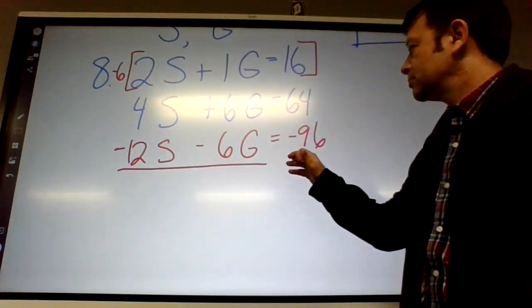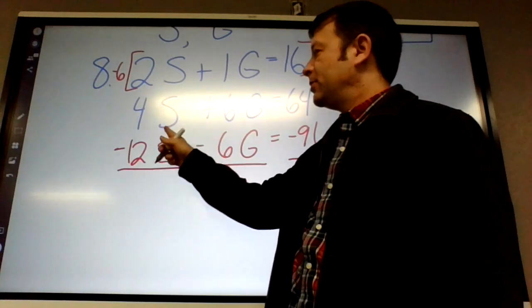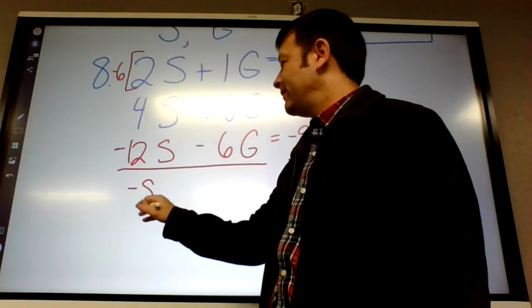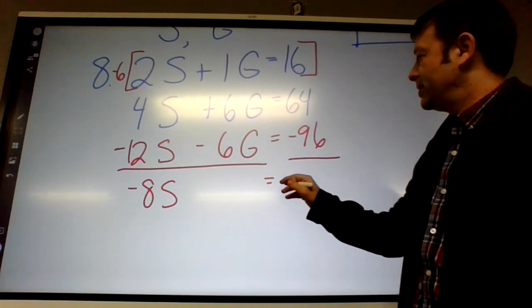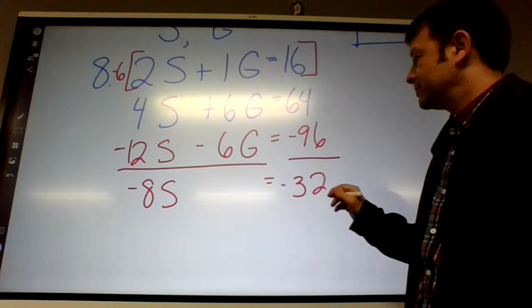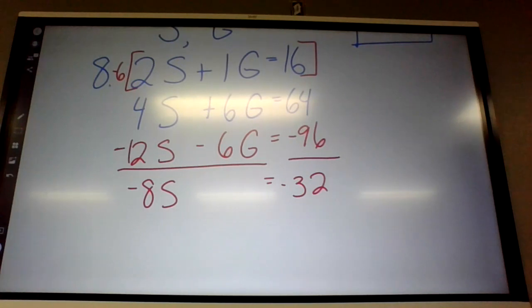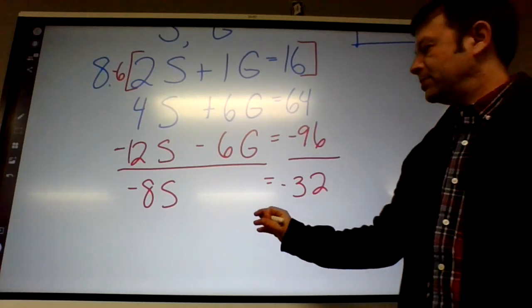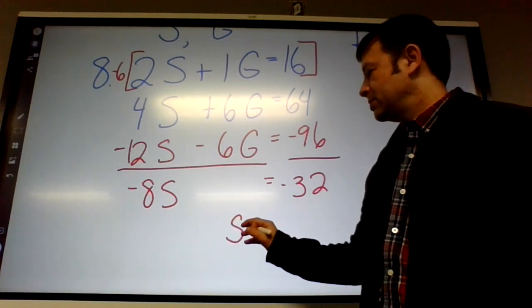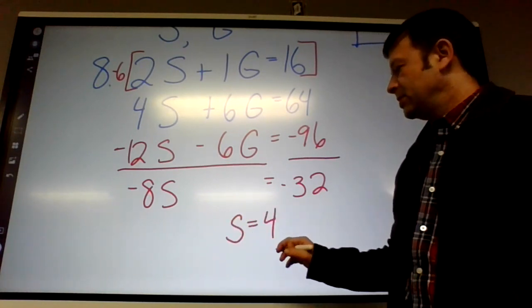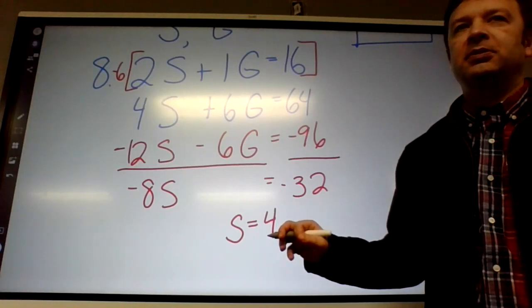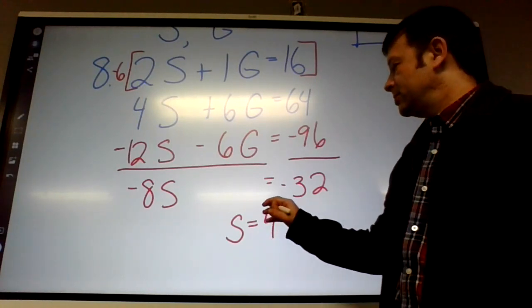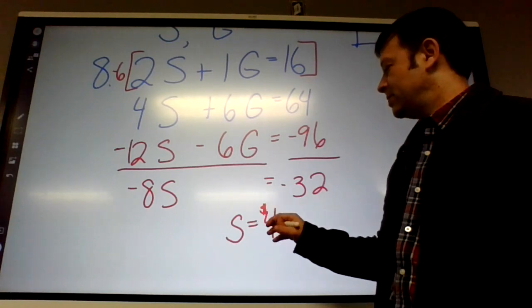My G's look too much like 6s. And then 4s minus 12s is negative 8s. And let's see, that'd be negative 32. So s equals 4. Okay, what does that mean in the problem? S equals 4, the cost of 1 square foot of sod. 1 square foot of grass sod is $4.